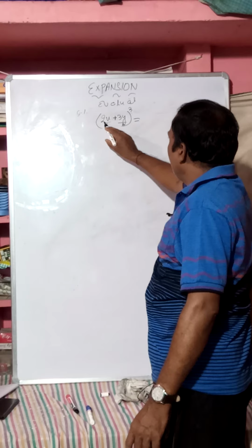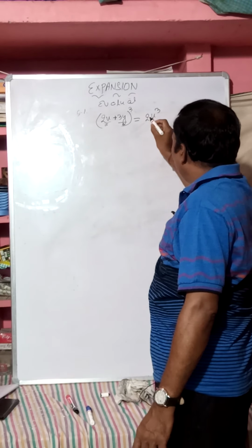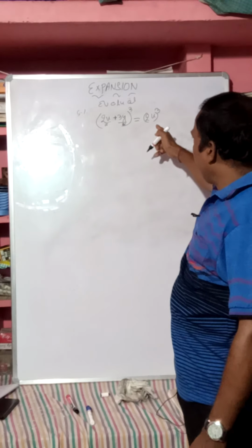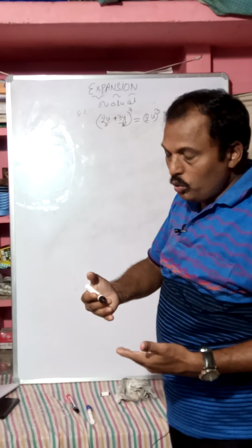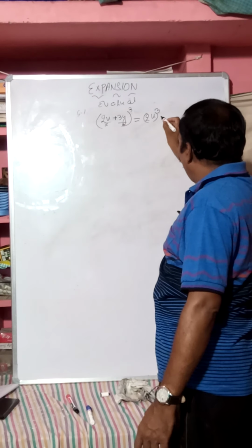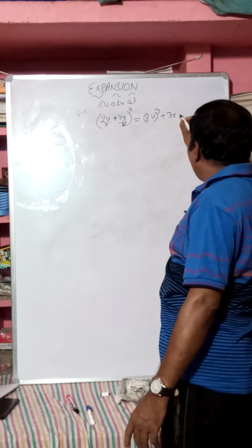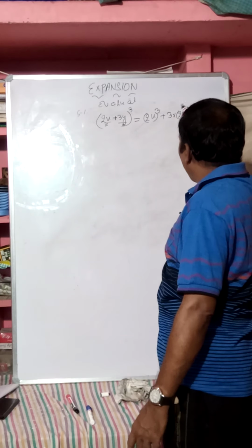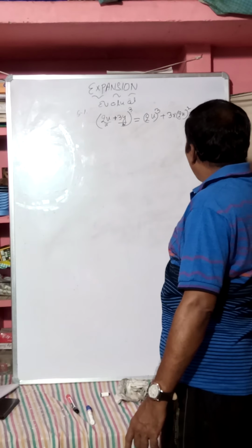So the a plus b whole cube, that is a cube. A cube means 2x whole cube. We must put the bracket here. This is silly mistake. Most of students do this type of mistake. A cube plus 3 into a square 2x square. This is a cube plus 3a square b.